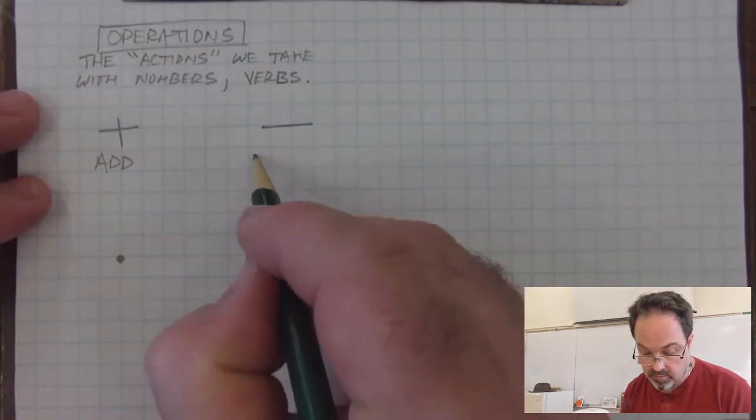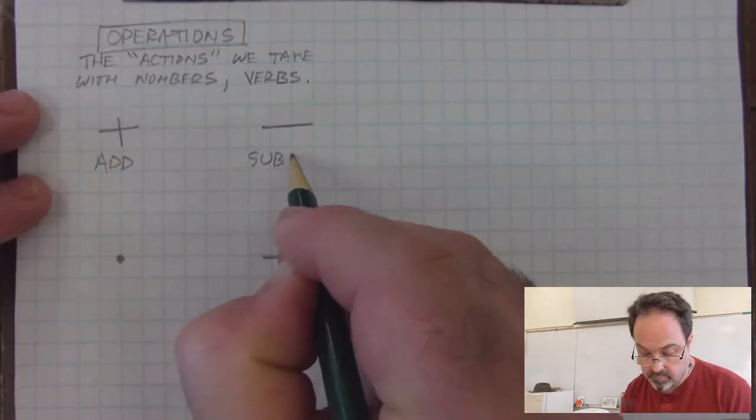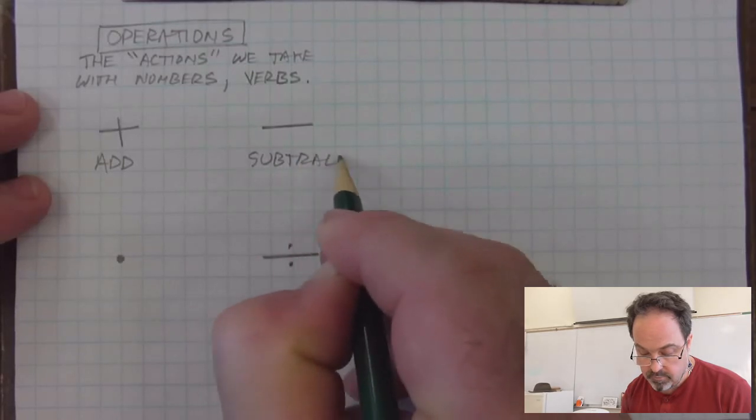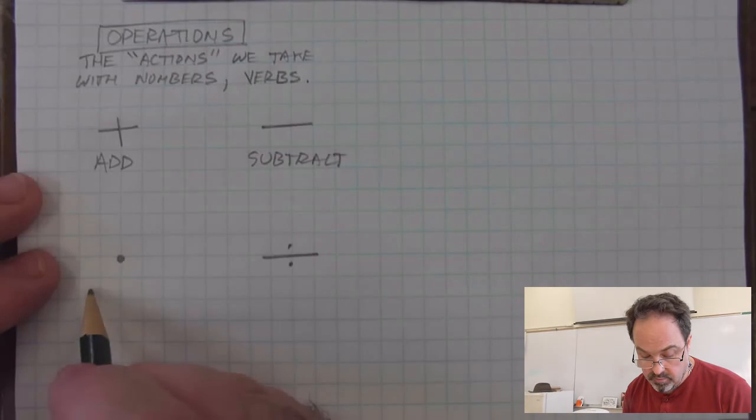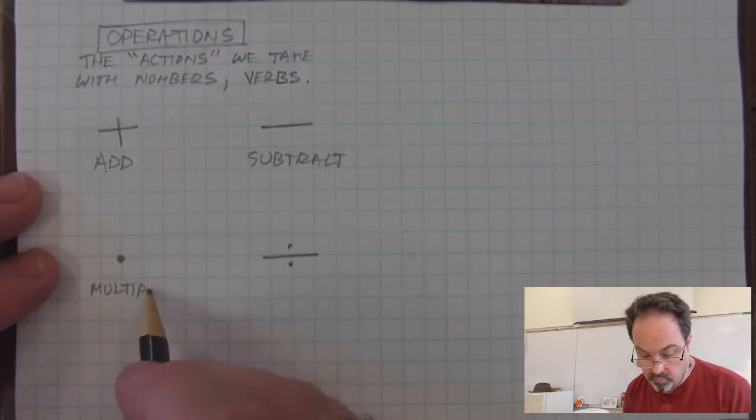The symbol is subtract. This symbol is a dot that we're going to use for multiply.